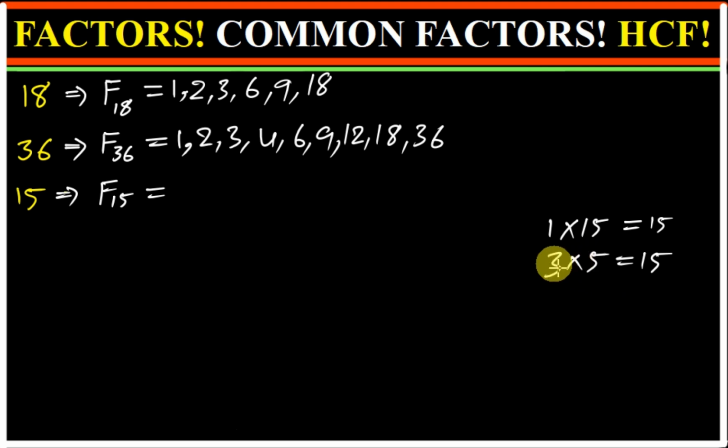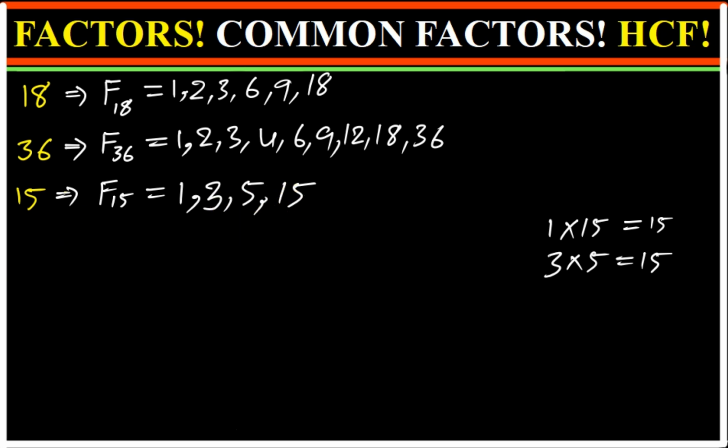In between 3 and 5 we have only 4, and 4 is not a factor of 15 because 15 doesn't come in the 4 table; 4 cannot divide 15 fully, leaving remainder 0. So we stop. 1, 3, 5 and 15 are the factors of 15. It has only 4 factors.